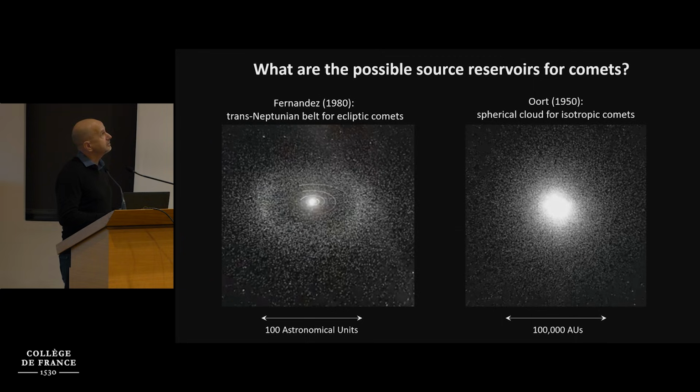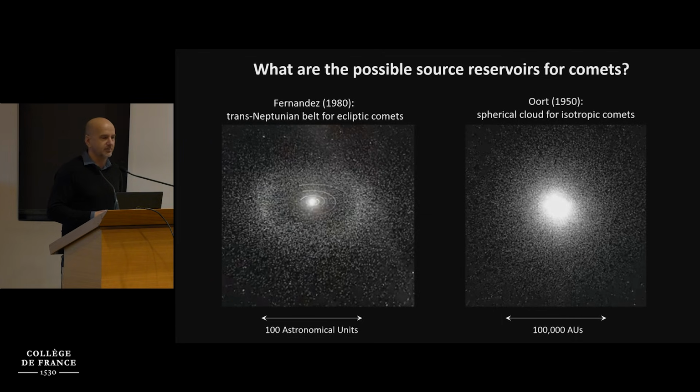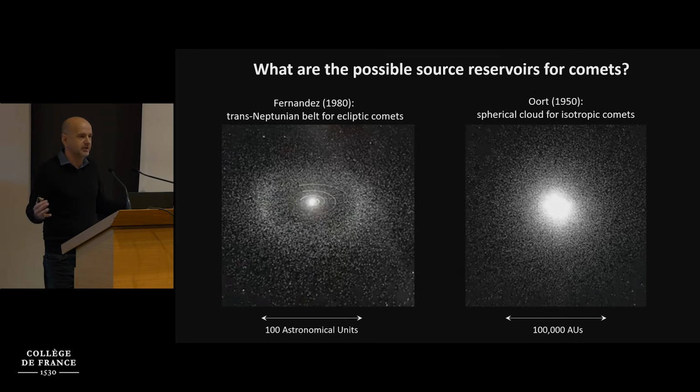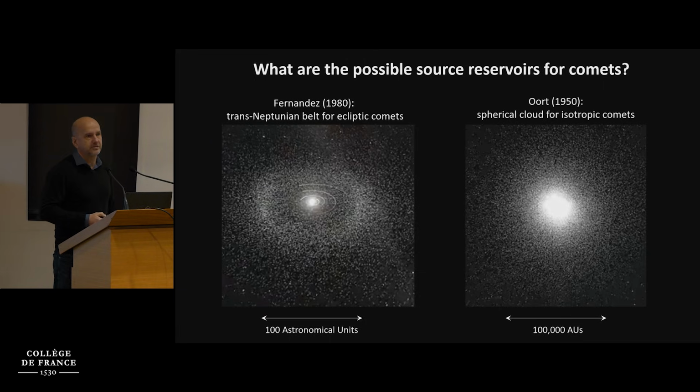And even before, Jan Oort in the 1950s proposed that the isotropic comets are coming from a hypothetical spherical cloud that envelopes the solar system at very large distances, tens of astronomical units away.